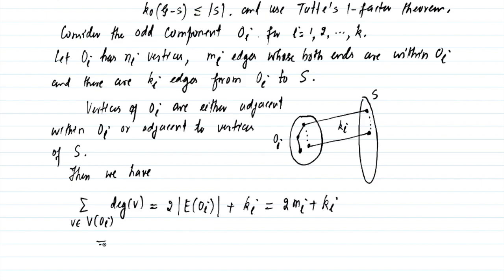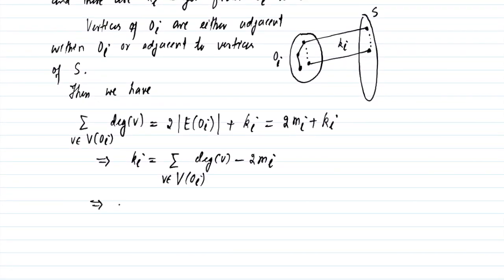Now this equation implies that Ki is equal to the summation over V belonging to the vertex set of Oi of degree of V minus twice Mi.